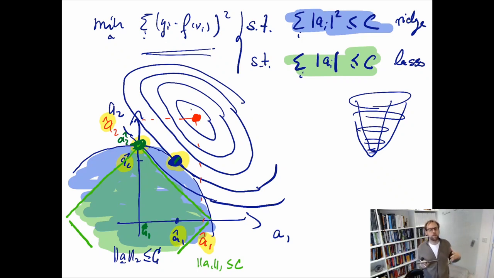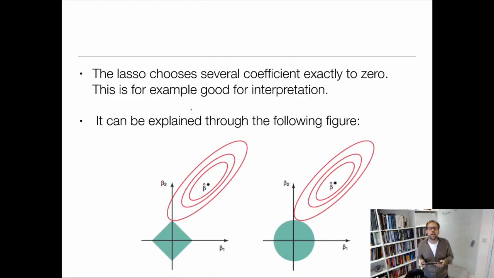And this is the graphical explanation why, when we have the L1 regularization, I will actually have some of the coefficients exactly shrunken to 0. This is my hand-drawn explanation, but here you can see another picture from the textbooks. They called it beta and not A, but it's the same idea.